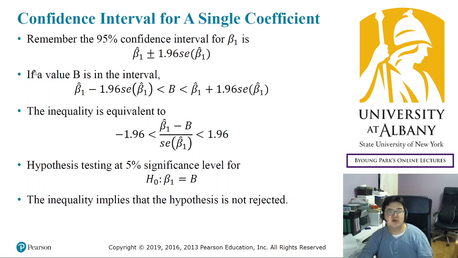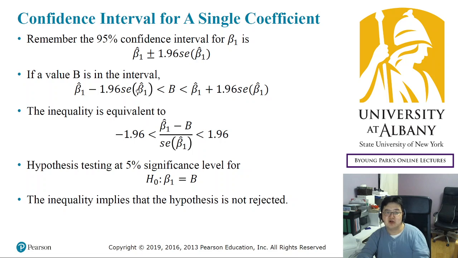Suppose that there is a value b, and b is in the interval. So b is a number in between beta 1 hat minus 1.96 standard error and beta 1 hat plus 1.96 standard error. This inequality means b is inside the interval.